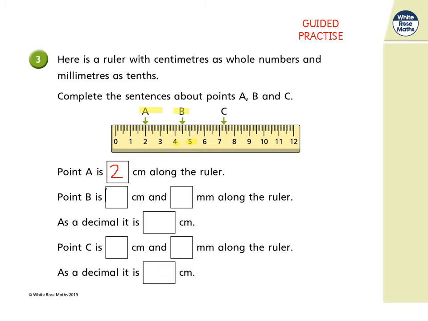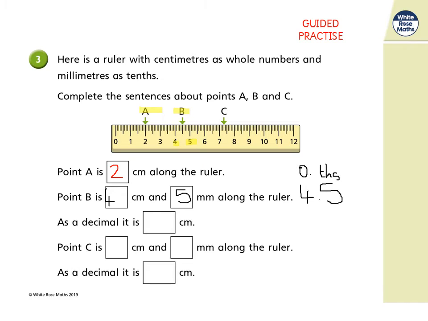So I have 4 centimetres and 5 millimetres, which is also equal to 4.5. I have 4 ones and 5 tenths, with the smallest value being the tenths. And so as a decimal, this is 4.5 centimetres.